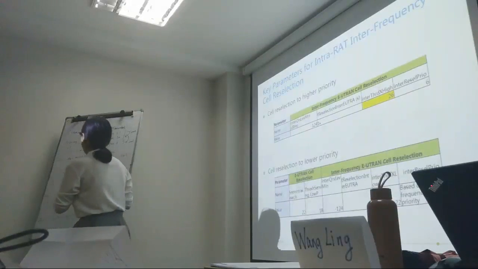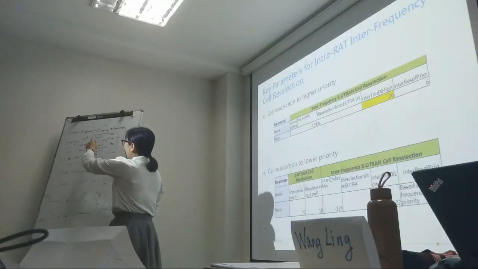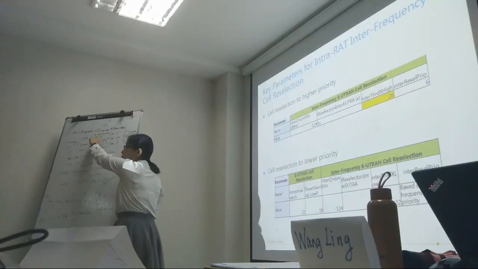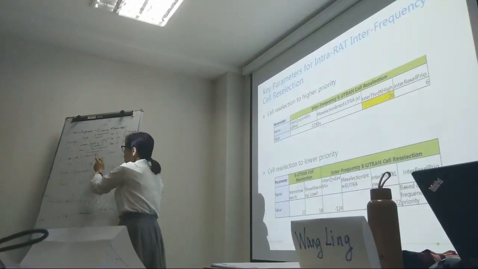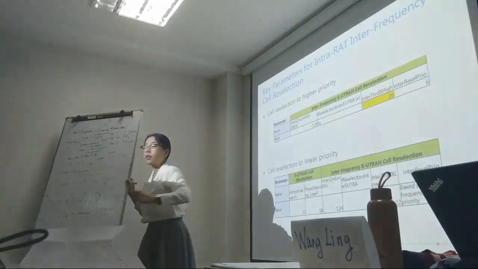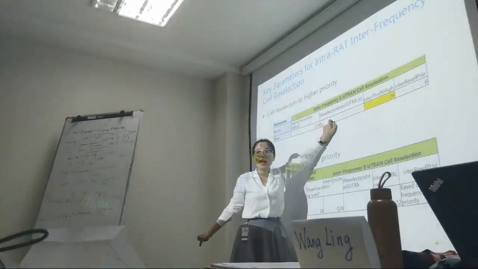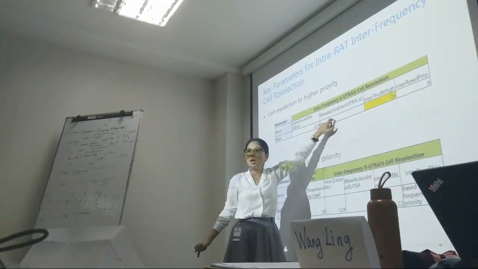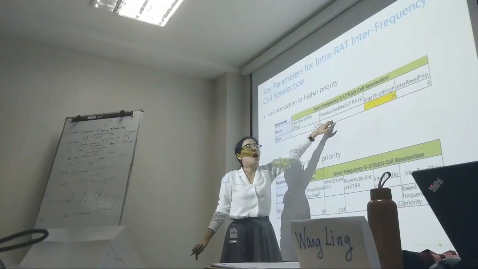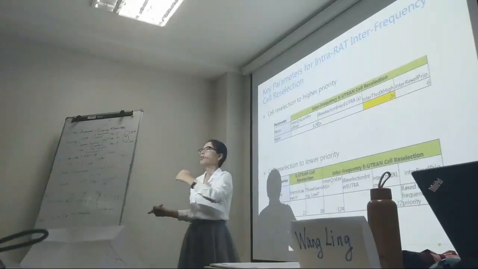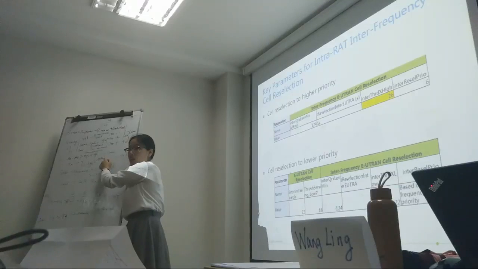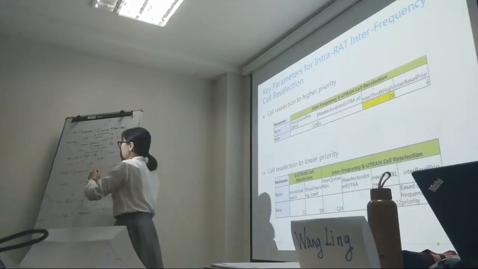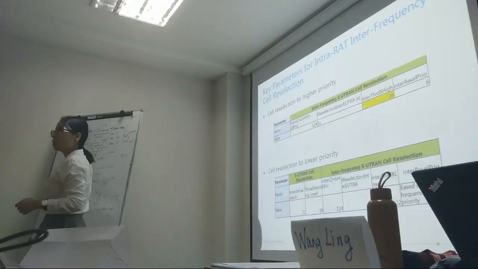Okay, that means for the high priority, if the neighbor cell is greater than one threshold and keeps 1 second, this value can keep 1 second, I will reselect to it. This is for the high priority.